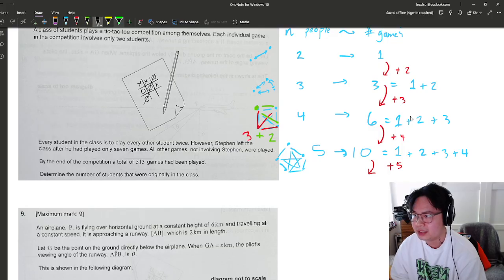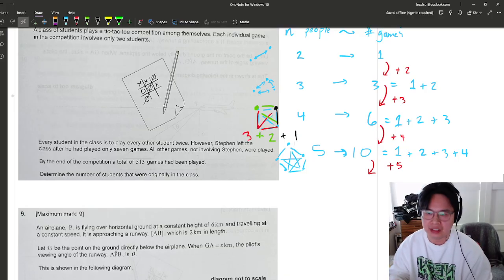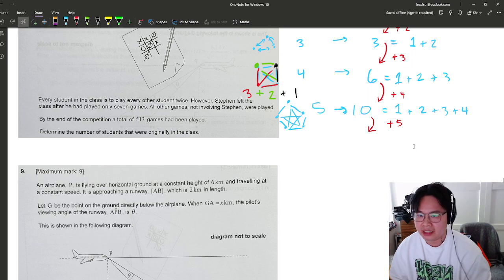And then the last person that we haven't really accounted for needs to play with this person, and then all of the people have played with all of the people. So that makes sense.